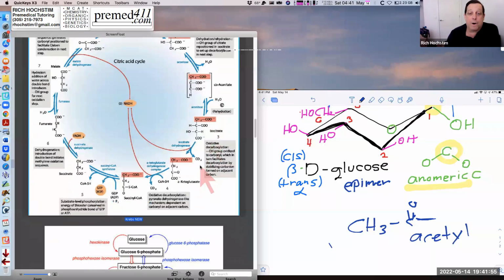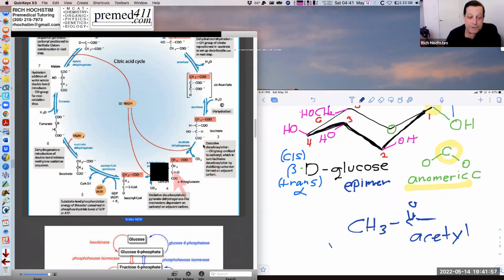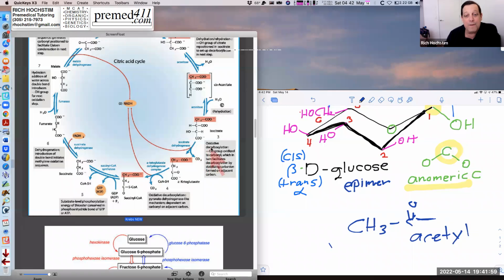The other thing that occurs quite a lot in these two steps is oxidative decarboxylation. When you have oxidative decarboxylation, you're going to have a loss of carbon dioxide. But along with the loss of carbon dioxide, you're going to add a bond to an electronegative atom, such as an oxygen or a sulfur. So we're losing a CO2 right over here.